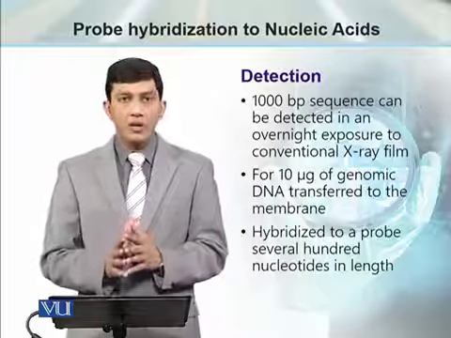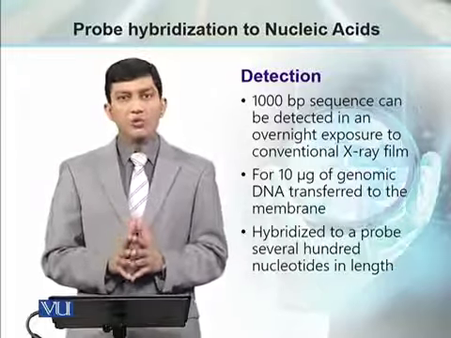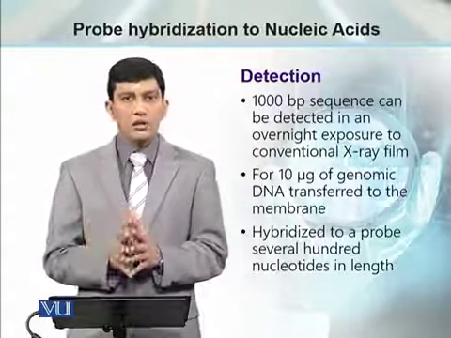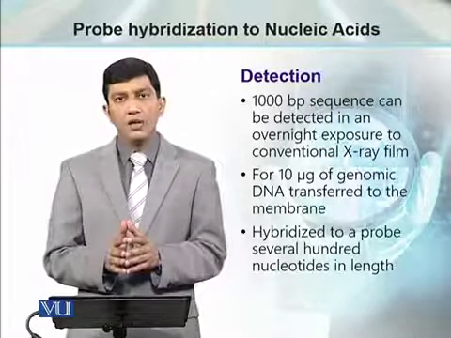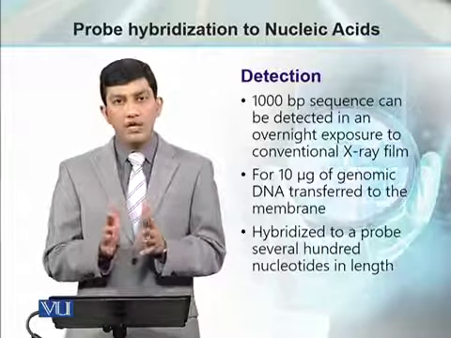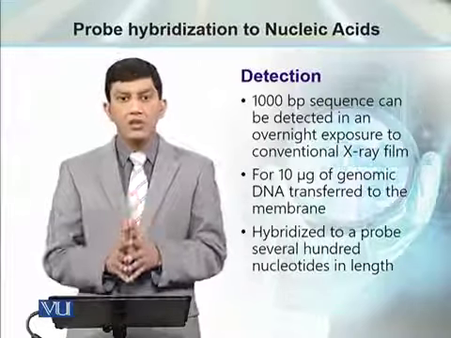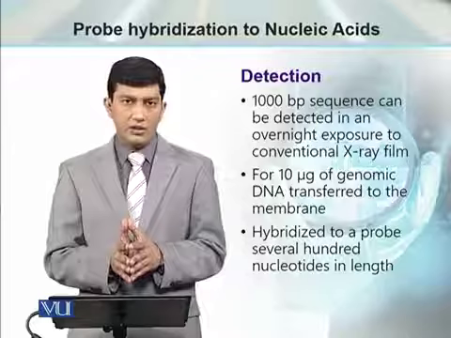Hybridization का process complete होने के बाद we have to expose the X-ray film to the nylon membrane which has been hybridized with the probe. अब इस X-ray film को कितनी देर के लिए expose करना होता है to get some detectable signal?